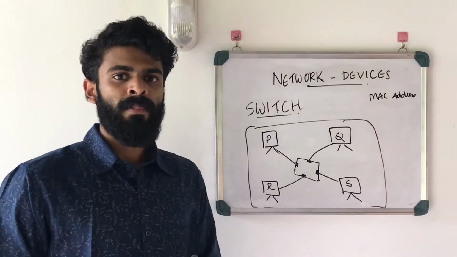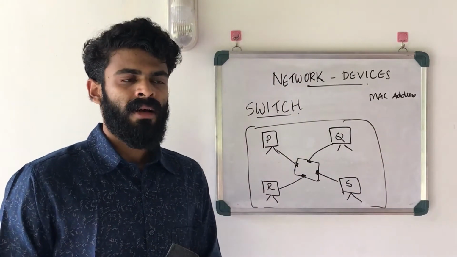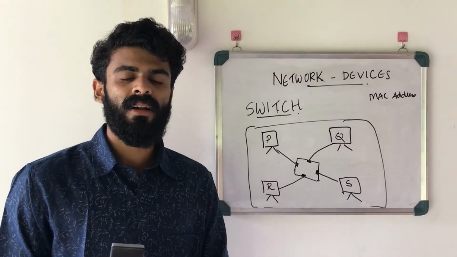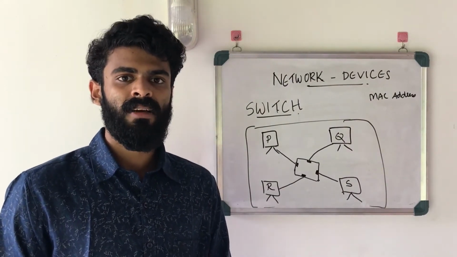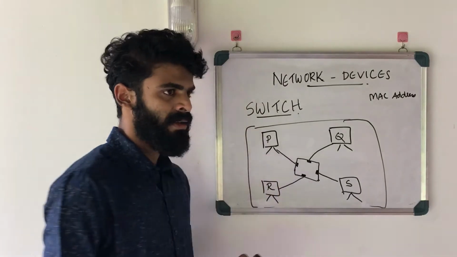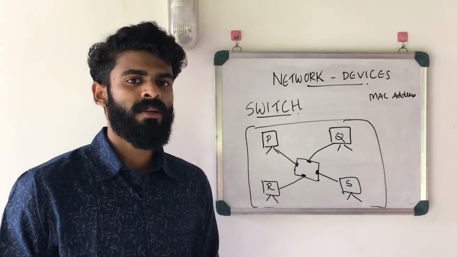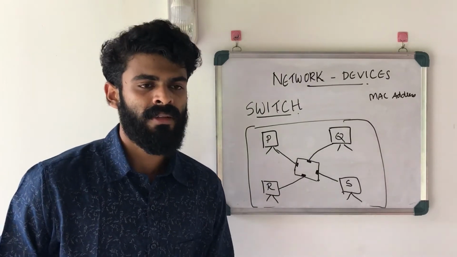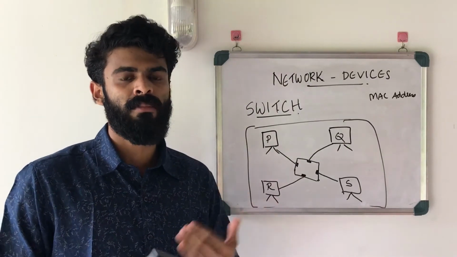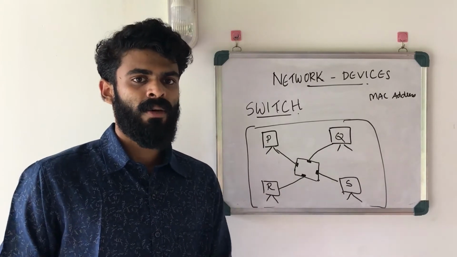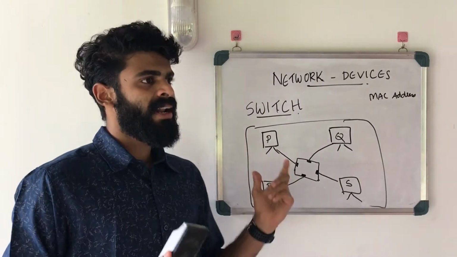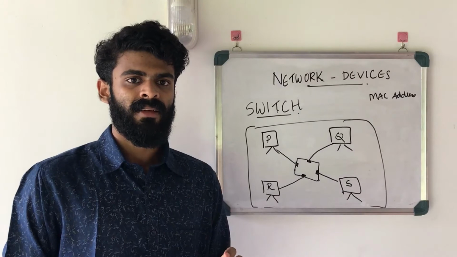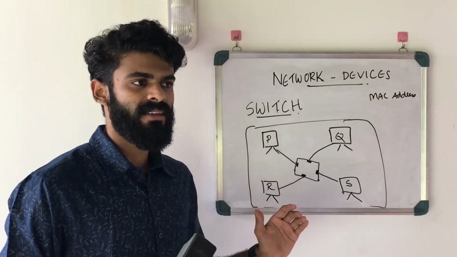So going on a bit about MAC ID, this is nothing but a hardware address or a physical address of a networking device. For instance, if you have a computer named P, each and every computer must have a network card or an NIC. Most of nowadays these cards are embedded within the motherboard and we can't plug it out. So every NIC has a unique MAC address, which is to physically identify that device in a network.